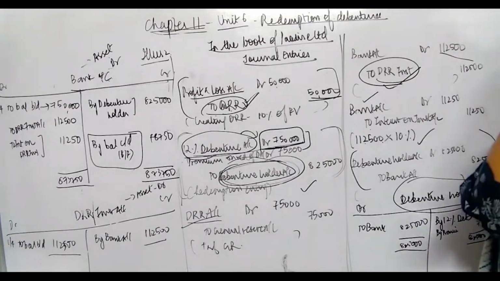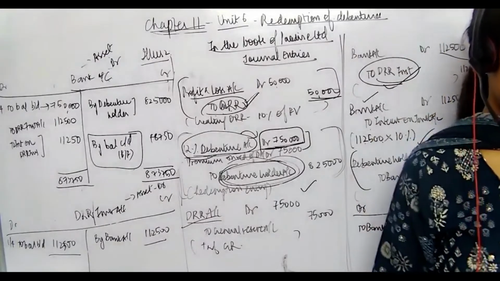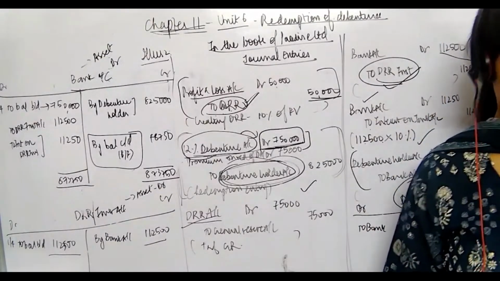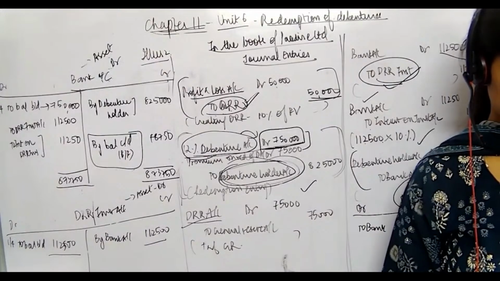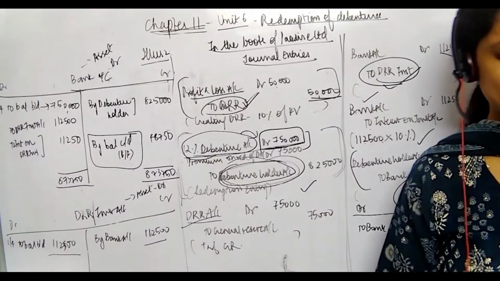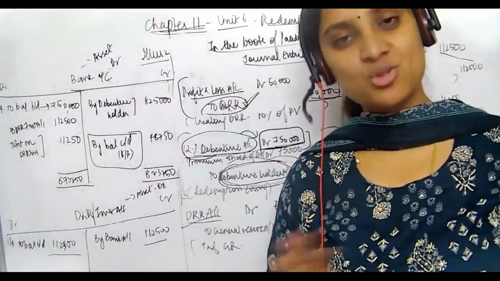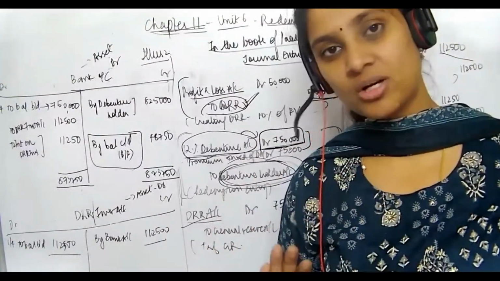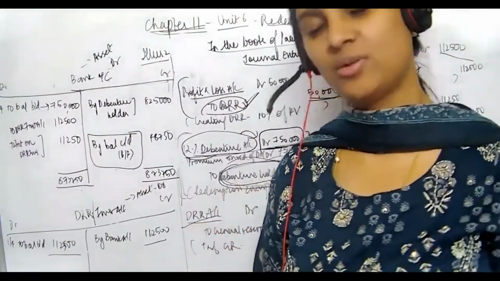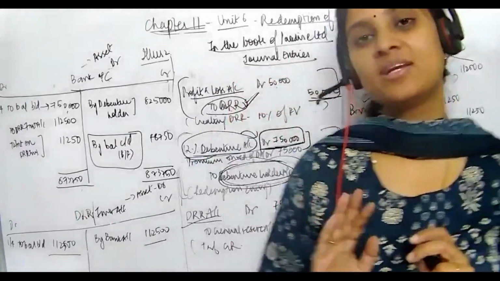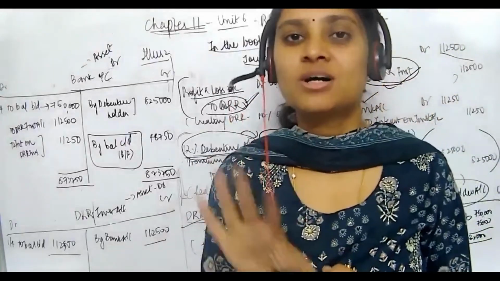Yeah, Gauri? Ma'am, it is a redemption of debentures chapter, na ma'am. Correct. Then why rights issue, bonus issues? That's a good question. When you are doing redemption of debentures, nowhere they are telling that you are not supposed to do rights issue. Okay. You just need to understand whether you have understood the concepts or not.